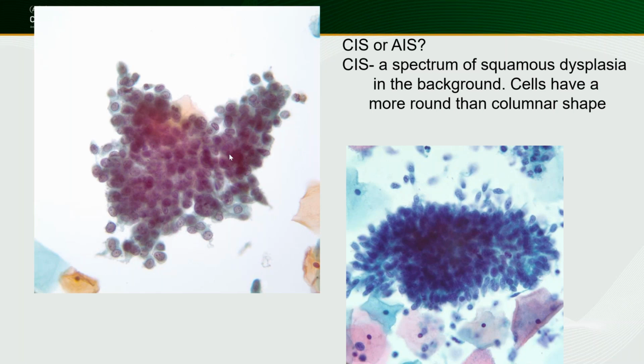And this is more for our academic purpose: do we call this CIN3 HSIL or call it an AGUS, favor neoplastic or AIS? So do we call it HSIL or AIS? I'll show an example later in situations where we cannot make that distinction.